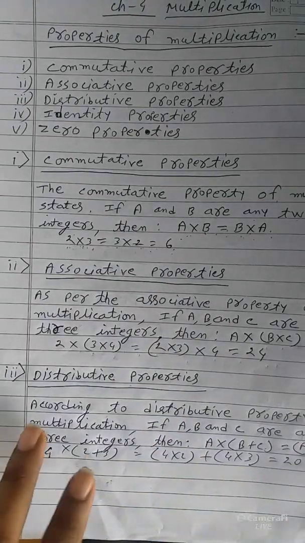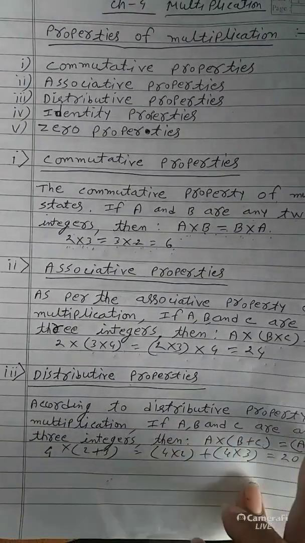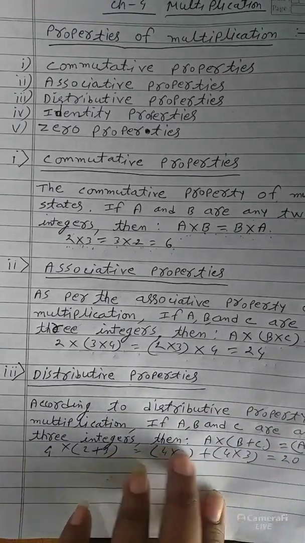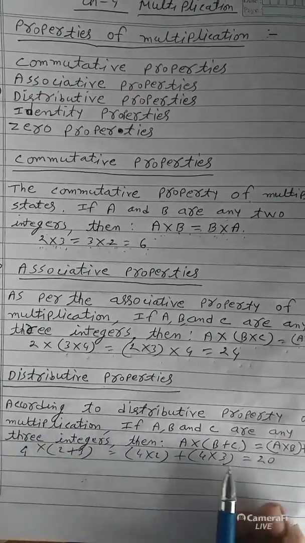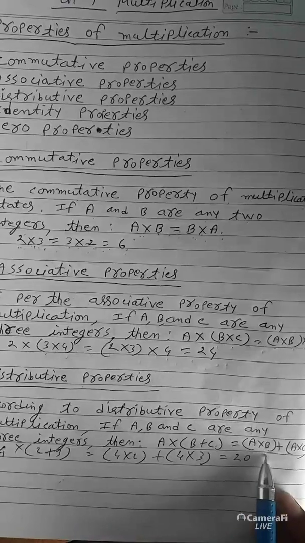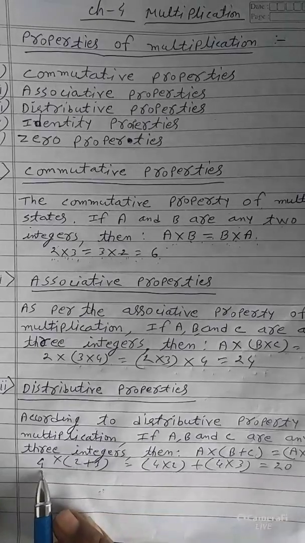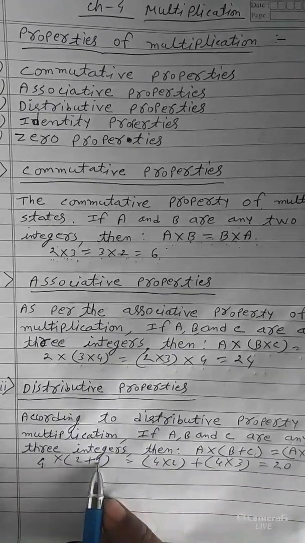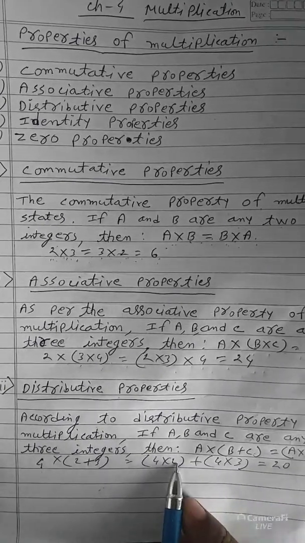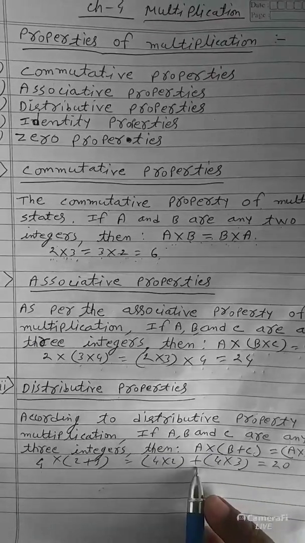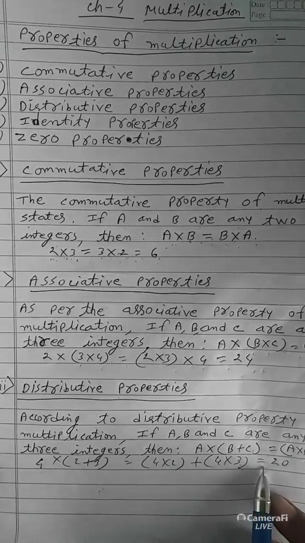According to the distributive property of multiplication, if A, B, C are any three integers or numbers, then A into (B plus C) is equal to A into B plus A into C. Number example: 4 into (2 plus 3) is equal to (4 into 2) plus (4 into 3) is equal to 20.